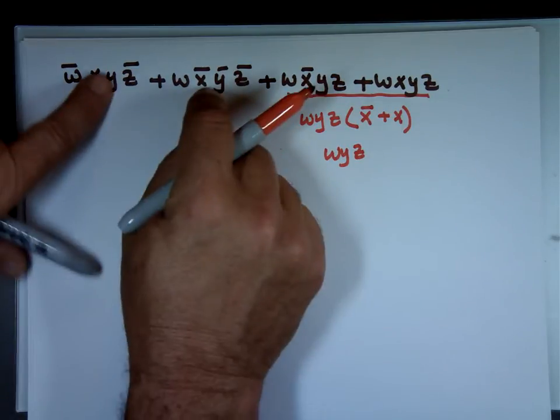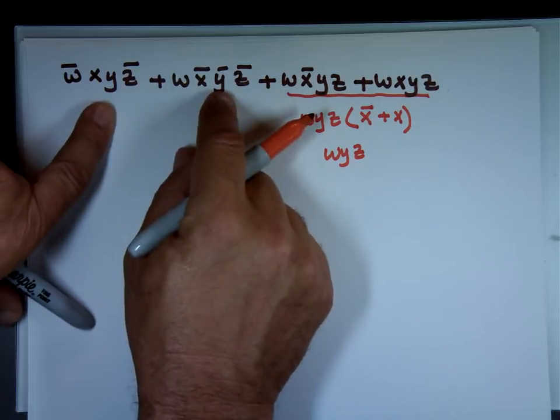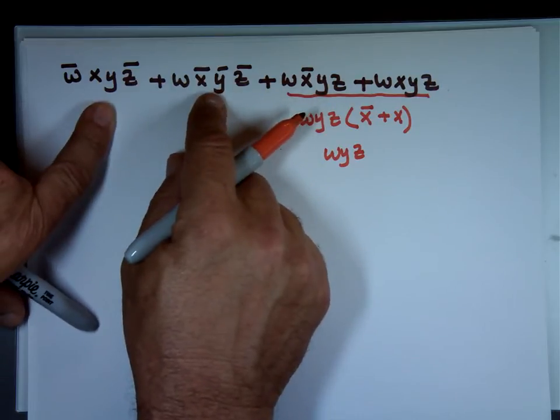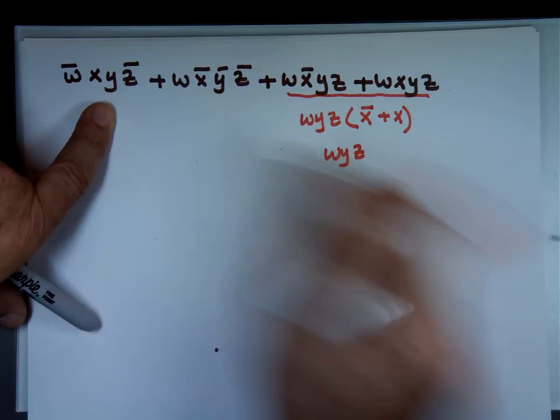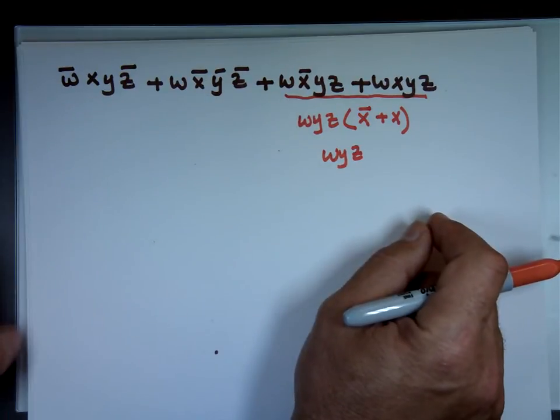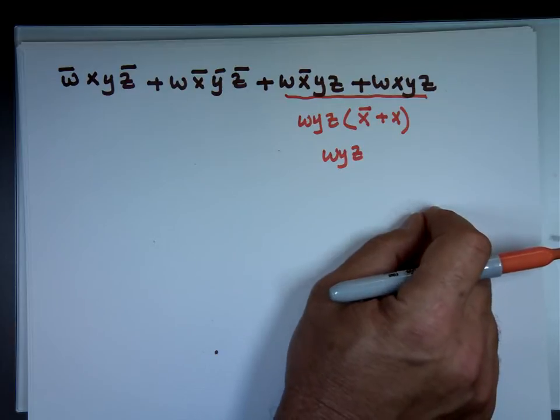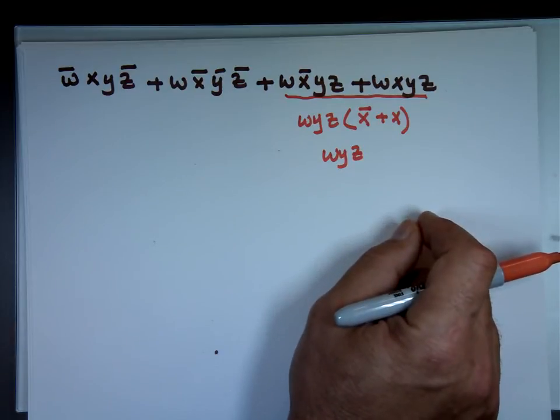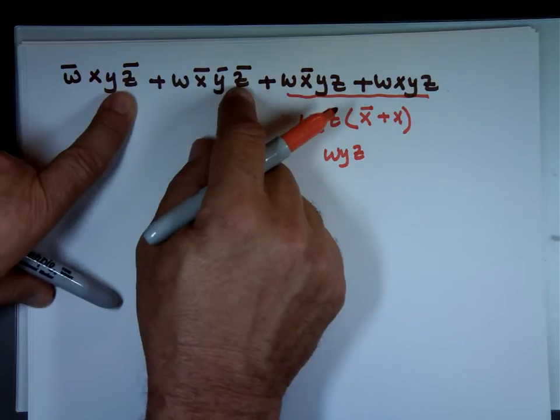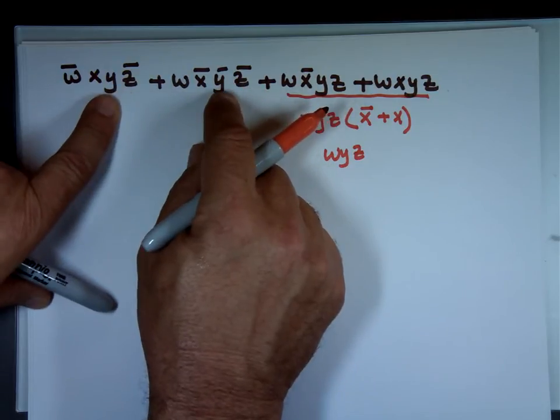Looking at these two, I'm not much help here. Do you see any help there with that one? Well, I can't take the Z bar, because this is Y bar, doesn't match.